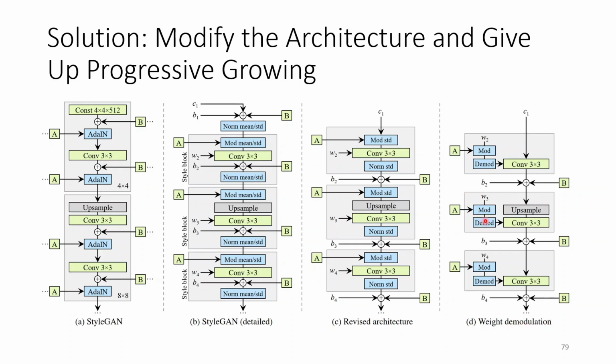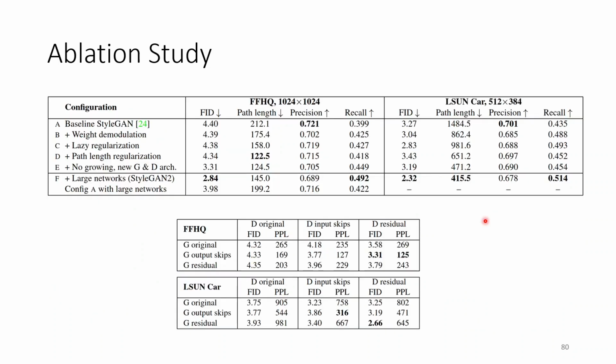Then, compared to StyleGAN V1, with the new designs, their FID value decreased, and path length also decreased. I will explain path length later.